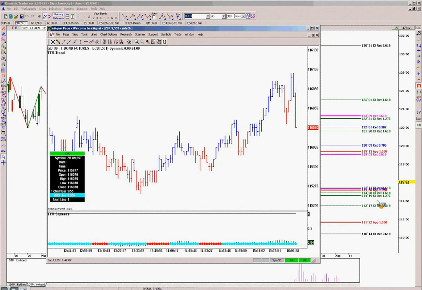You want to give it enough room to breathe, but definitely start trailing up the stop and try to get to break even as soon as possible. But again, I can't really give you an exact level, because it really depends on your comfort level and the risk parameters that you are comfortable with, not necessarily what I'm comfortable with.